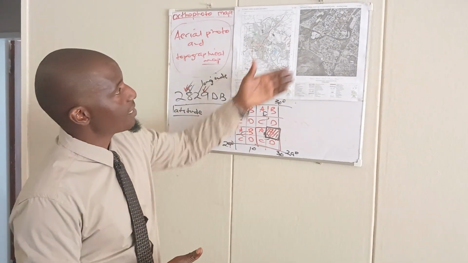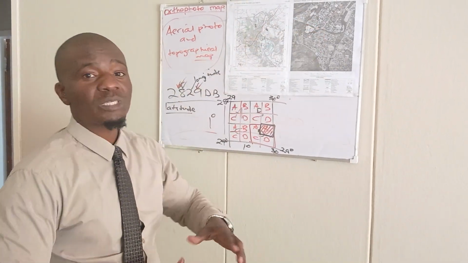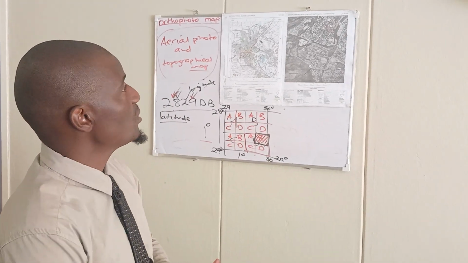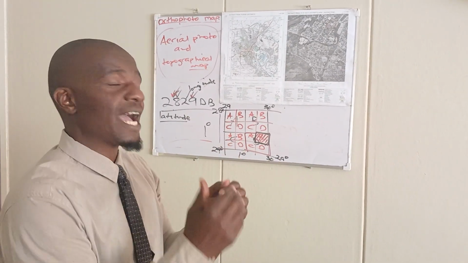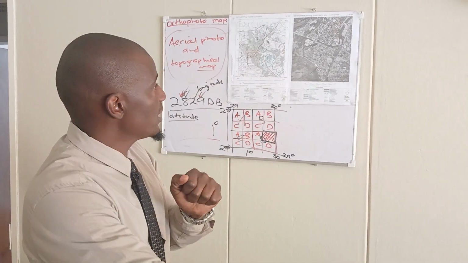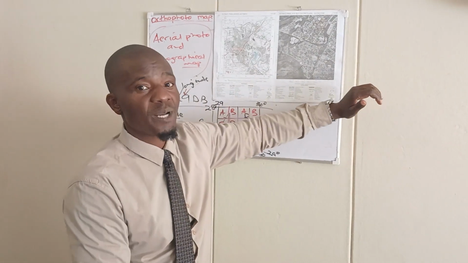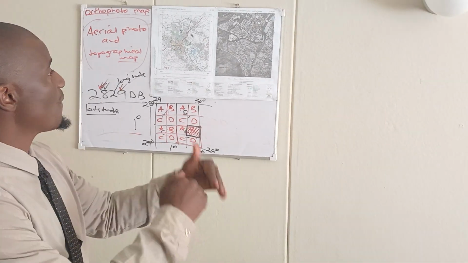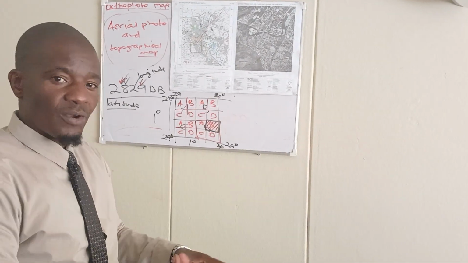That's what makes up our orthophoto map. So this is done through the process of GIS that is called data layering, which means they put information on top of each other. It starts off as an image. Then on top of that image, what do they do? They put the topography, that is part of our landscape or relief, which shows the contours, the spot heights, all those things. They are put on top of an image that is a vertical aerial photograph.